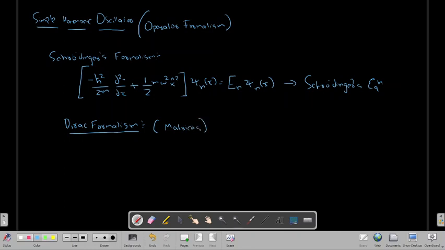In this formalism the Schrodinger equation can be written like this: H psi is equal to E psi.